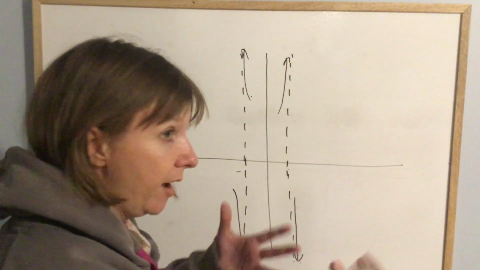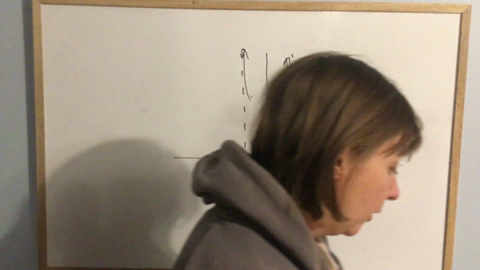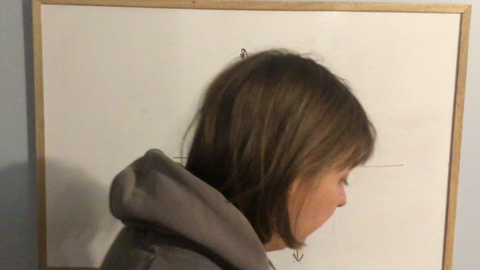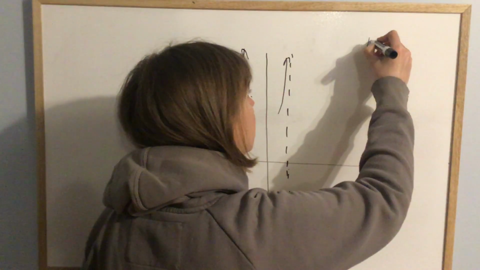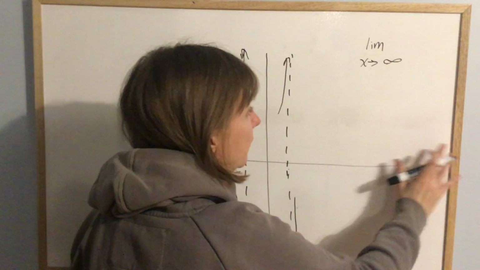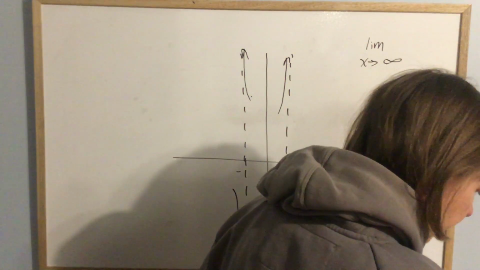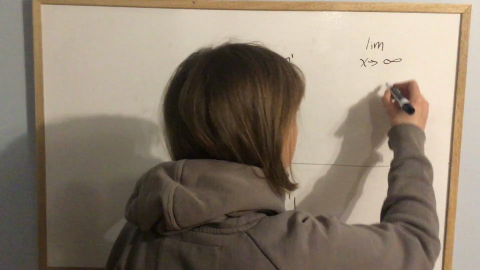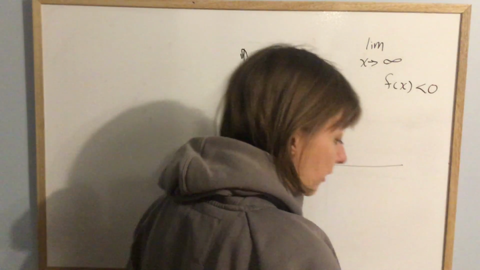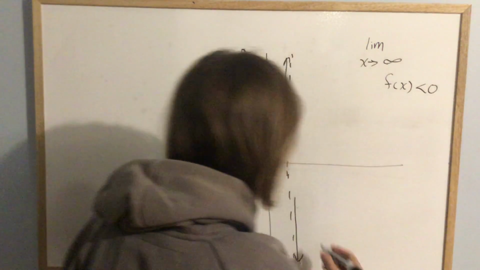Okay, so I haven't filled in the middle of anything yet, but I at least have what's going on close to the vertical asymptotes. Now it says the limit as x approaches +infinity. So as we get out here, f at x is less than 0 as x approaches infinity.